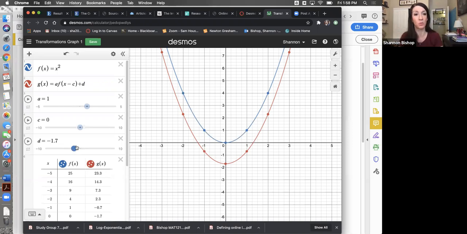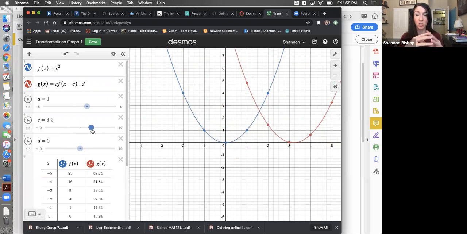And then the last one was the C value. Let me put my D back at 0 so that we don't confuse ourselves. There we go. The C value is the one that is probably the most confusing because yes, it moves your graph left and right, left, right, left, right. But what's weird about this one is the actual C value that is recorded ends up looking opposite in nature when you look at the formula itself.